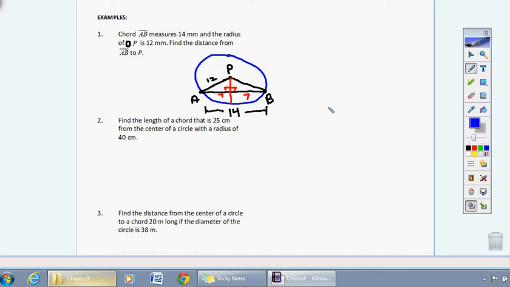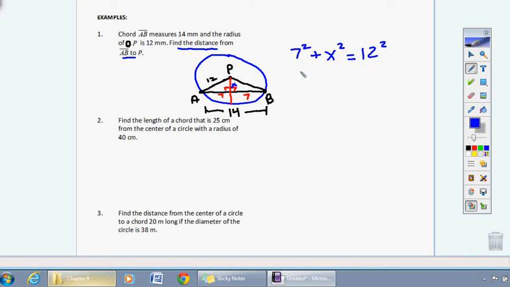Now the problem says find the distance from chord AB to point P. So it wants me to find this distance right here, so we're going to call that x. To solve for the distance from P to AB, I can use the Pythagorean theorem and say 7 squared, because that's this distance, plus x squared is equal to 12 squared, and solve for x.